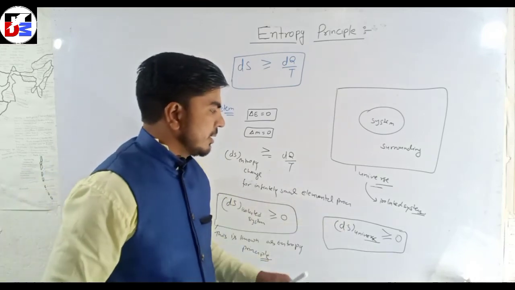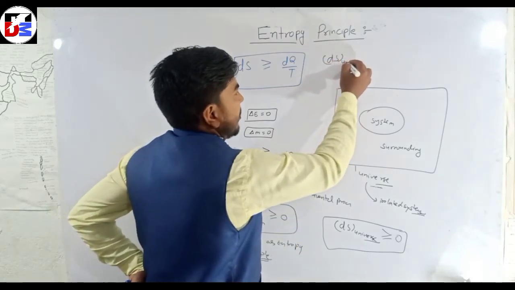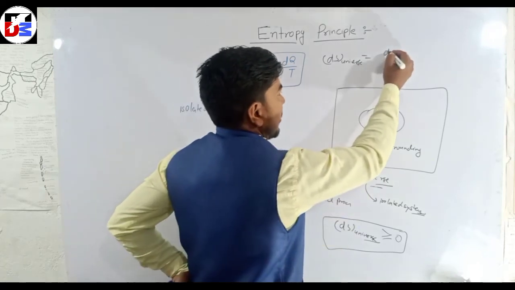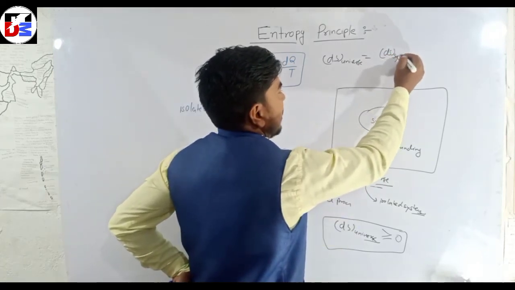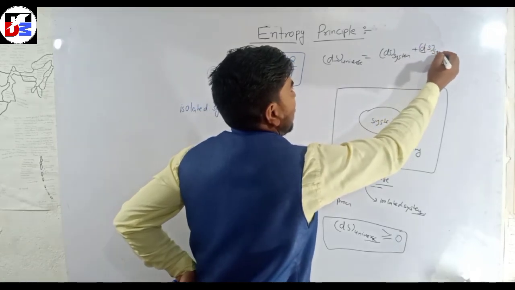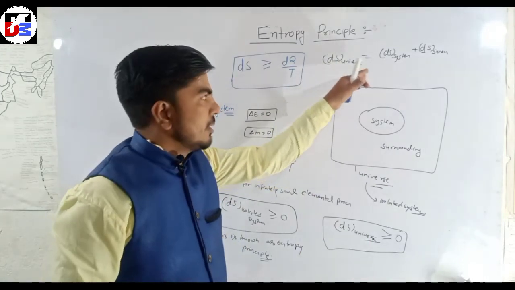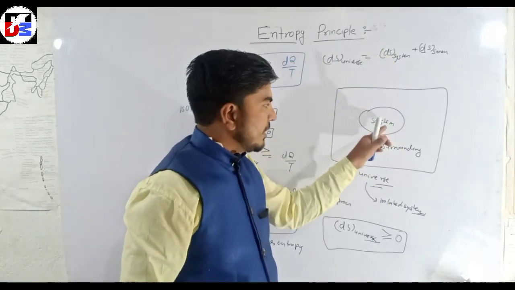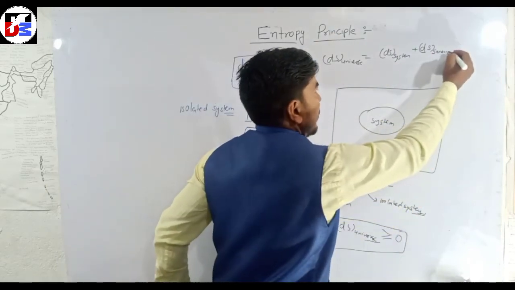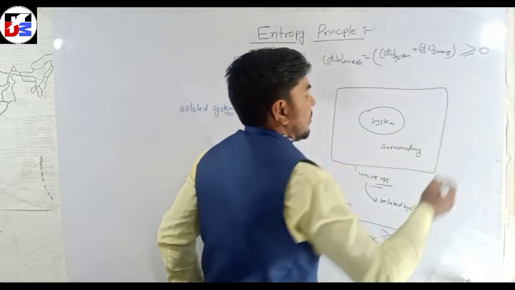We can also write dS universe is equal to dS system plus dS surrounding. That means the entropy change of the universe is equal to the entropy change of the system plus the entropy change of the surrounding, and it is always greater than or equal to 0.